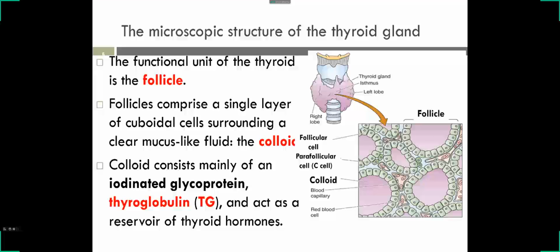And then in between, you've got blood capillaries, and you've got these parafollicular C cells filling in the space in between the colloids. So it has a very distinct and unique look about it under the microscope.